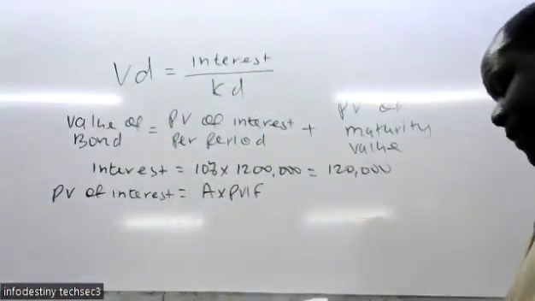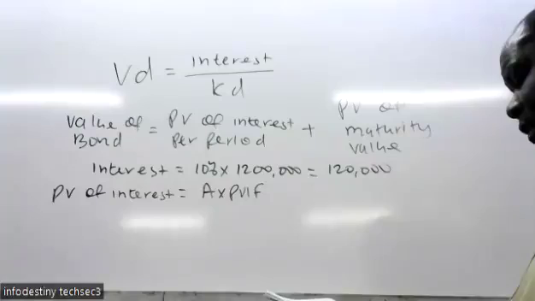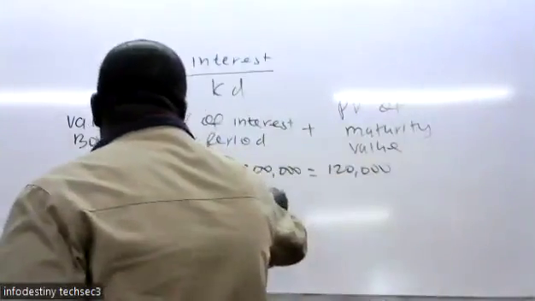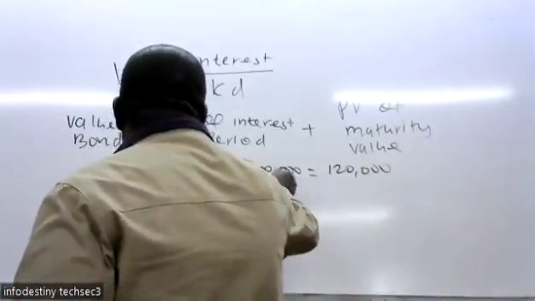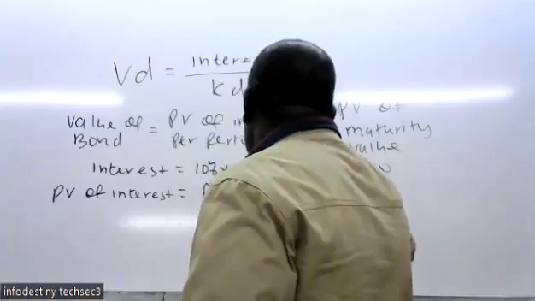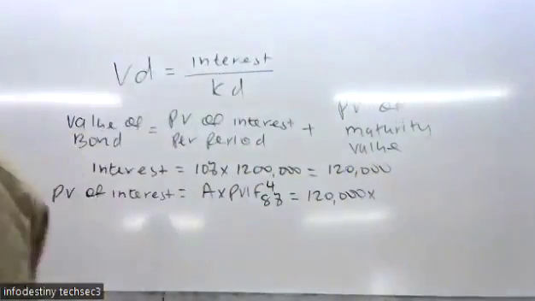The cost of capital was given as 8%, for 4 years. So you take 120,000, and confirm in the second table because it is the annuity table.